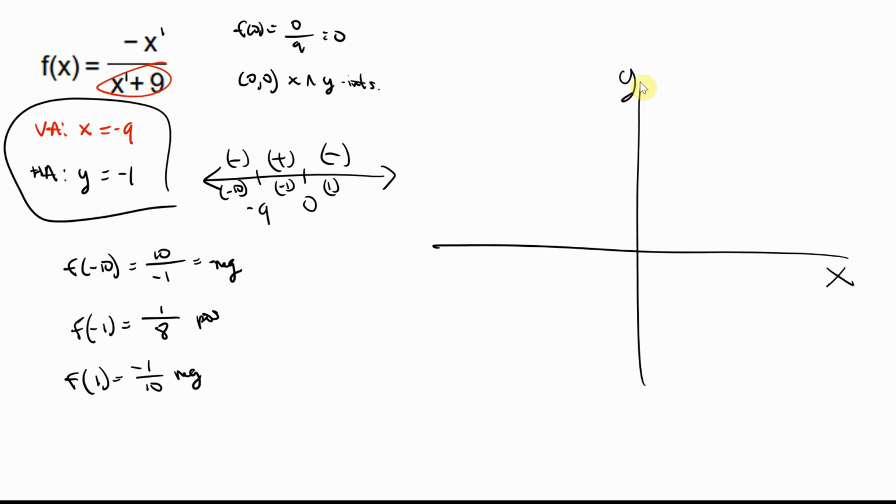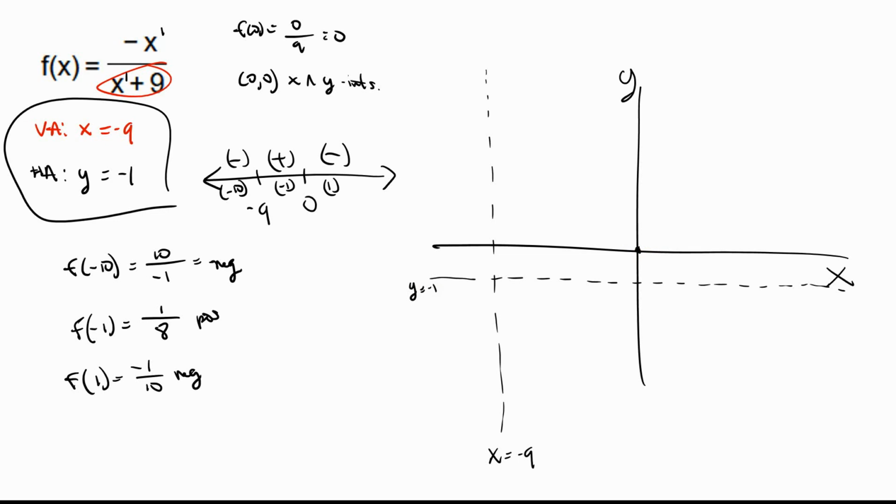Graph this. The horizontal asymptote is the line y equal to -1. The vertical asymptote is the line x equal to -9. It touches down here at the origin.